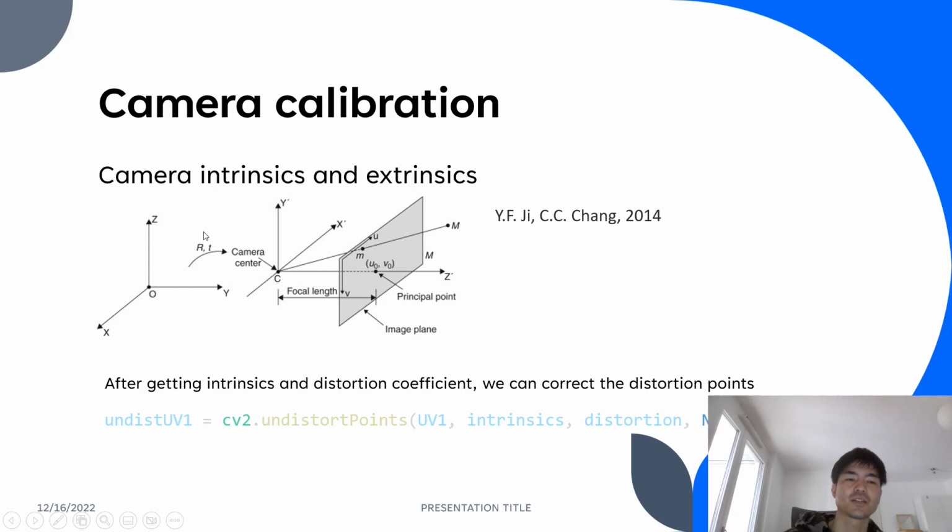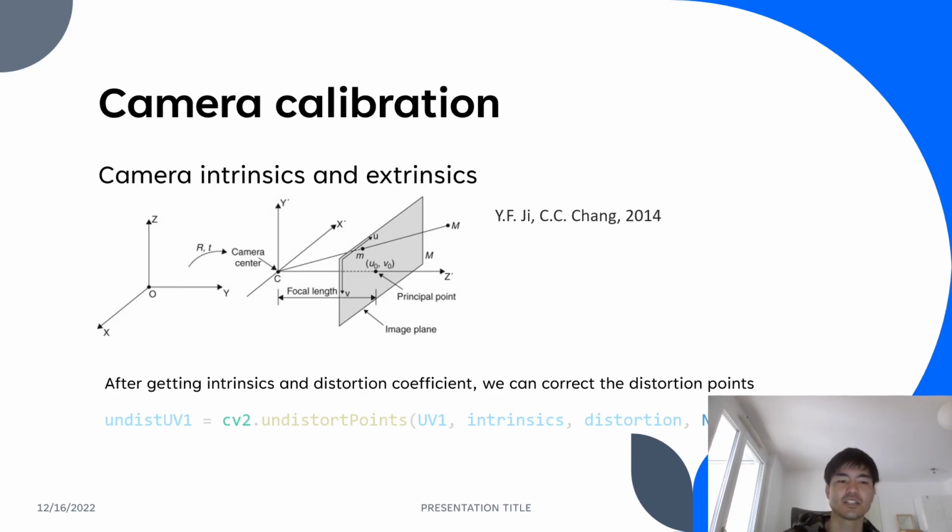We can represent this camera center point by using the rotation matrix and the translation vector: how far the distance is and which angle the camera is looking at. So that's the camera extrinsics.